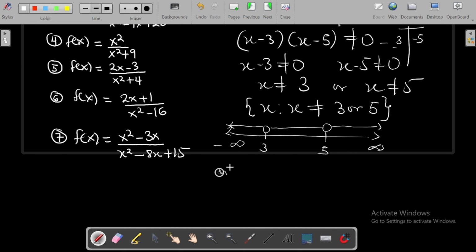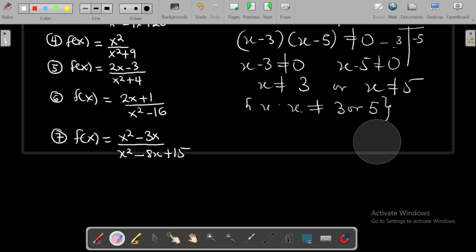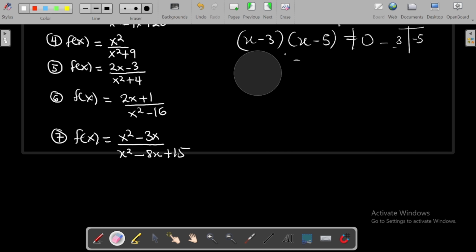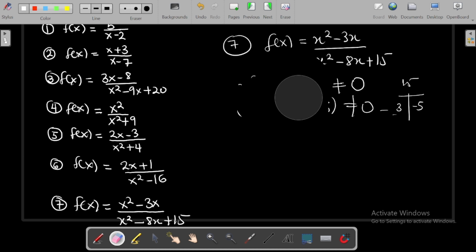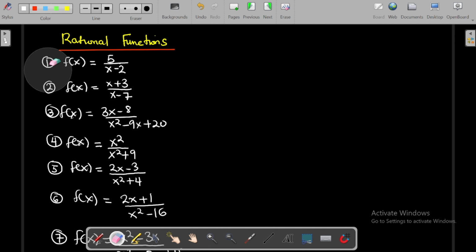If you want to write the interval notation, you can simply write it as negative infinity to 3, not including 3, union 3 to 5, union 5 to infinity. As simple as it is, I believe it is understandable. So that's it with the rational type of functions.